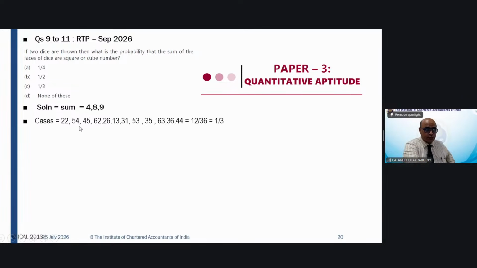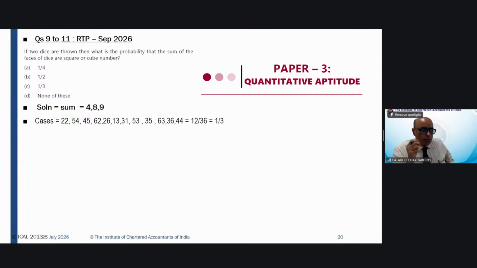Please see the combinations. 8 I can get if I have 6, 2, 2, 6. 4 I can also get if I have 1, 3, 3, 1. 8 I can get if I have 5, 3 and 3, 5. 9 I can get if I have 6, 3 and 3, 6. Also I can get 8 if we have 4, 4. I was just writing down the possibilities.